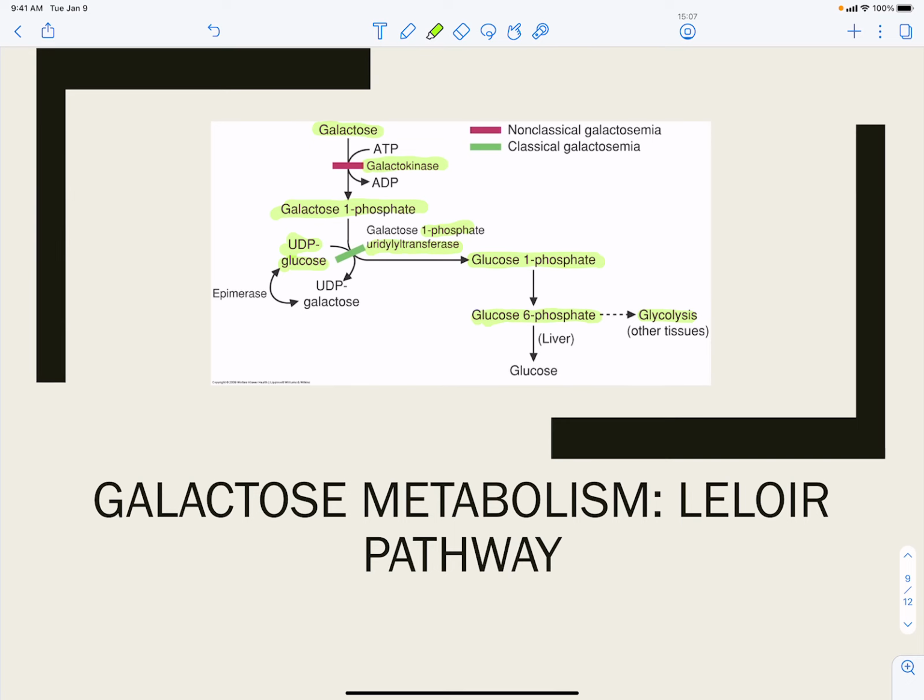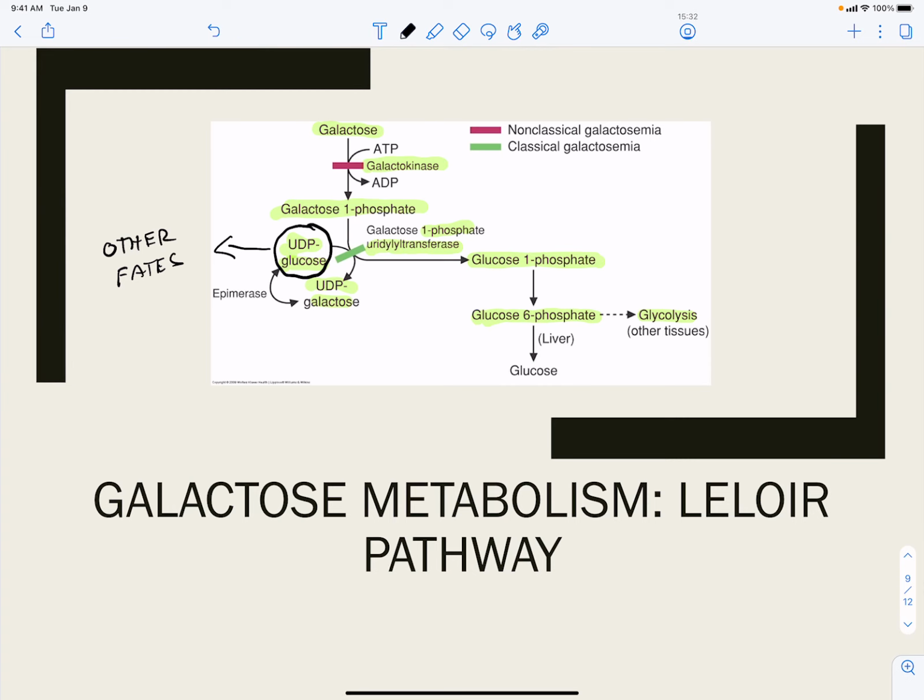Now your UDP galactose is going to be recycled into UDP glucose, and UDP glucose can then pick up another phosphate, or UDP glucose has other fates. So unlike our fructose, the potential for other things to happen for galactose is there. Galactose can become UDP glucose.